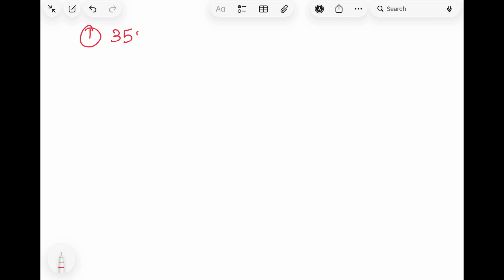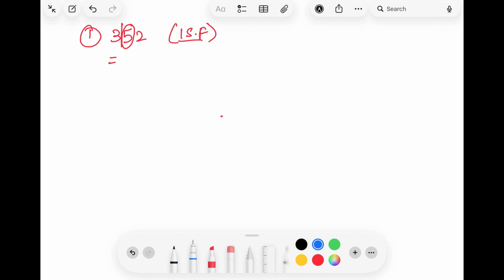So the first number is 352. We will round it off up to one significant figure. After the first significant figure we will put a line. As I told you, the first significant figure means the first number in the number. After that, the second step, we check the second number: is it 5 or more than 5?